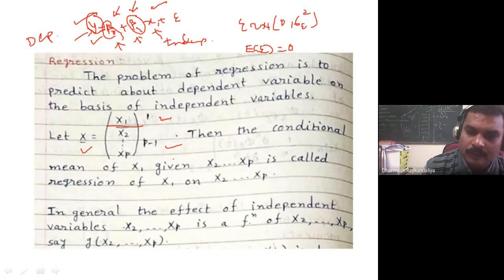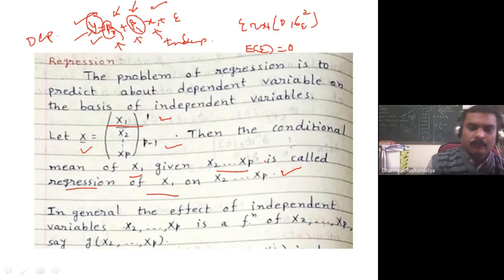P minus 1 elements. Then the conditional mean of x1 given x2 up to xp is called the regression of x1 on x2 up to xp. So whenever you are trying to find out the conditional mean of x1 given x2, x3, up to xp, it is indicating the regression of x1 on x2, x3, up to xp.